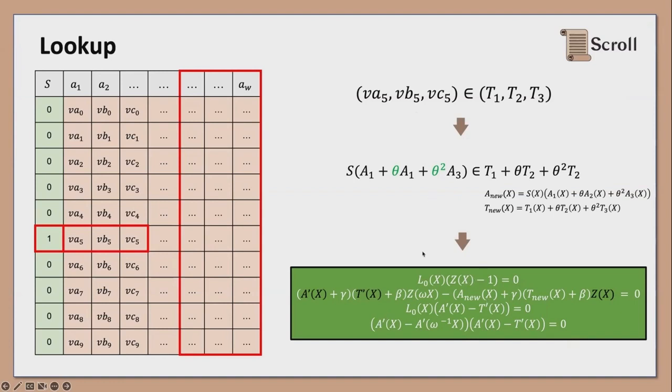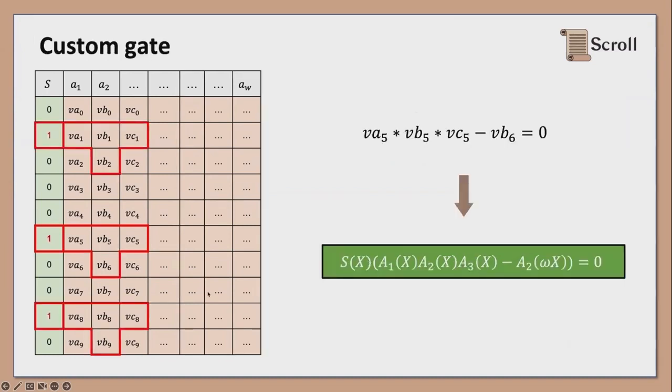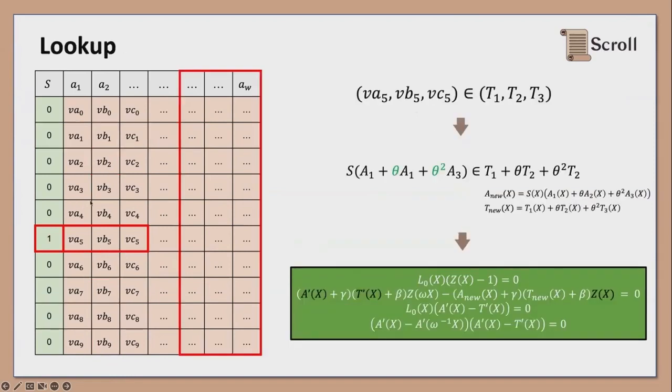It's because for a custom gate you are only defining over the cells in this table, so all the polynomials you need are from your table columns. But for lookup, the argument used in Halo 2 will introduce some additional polynomials, A'(x), T'(x), and D(x). So you need to compute 3 different polynomials for your lookup arguments, and also generate 4 different polynomial constraints. This is for this tuple relationship.